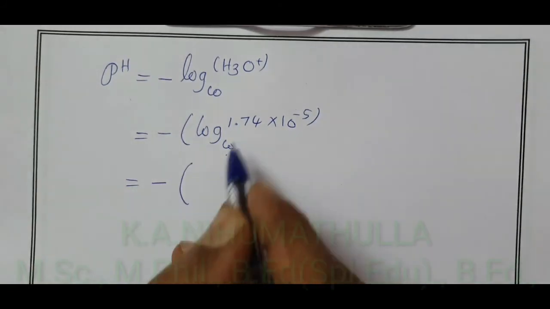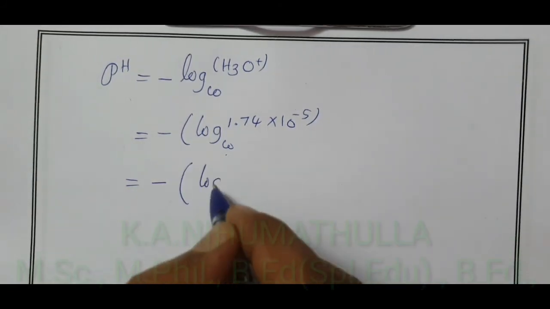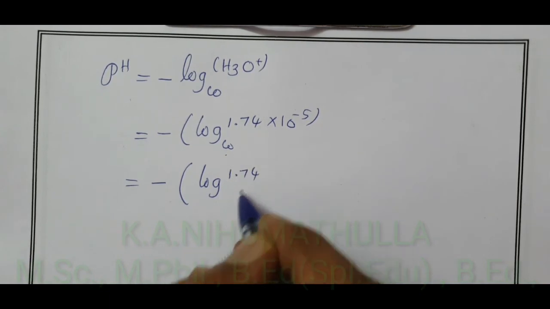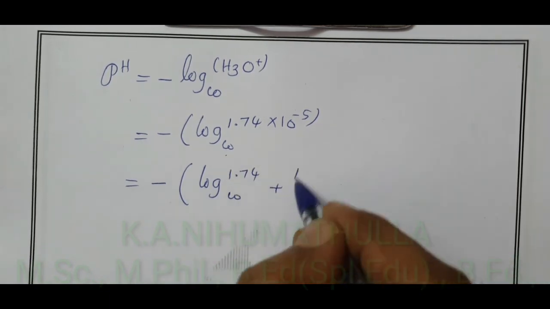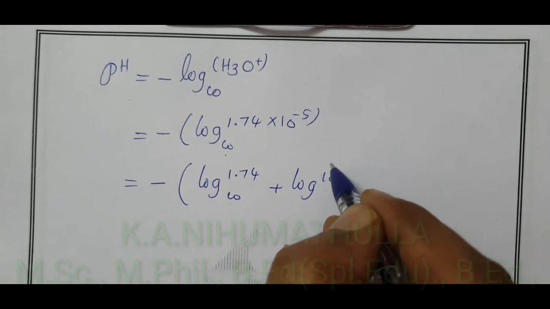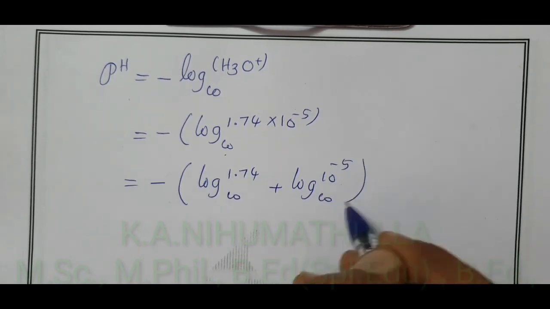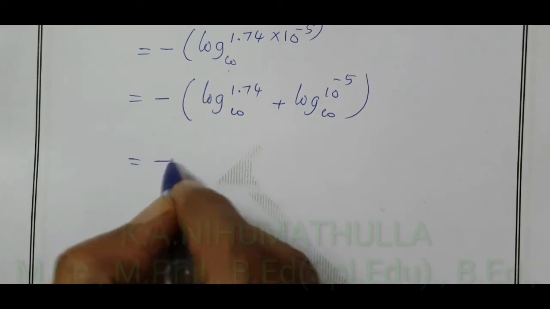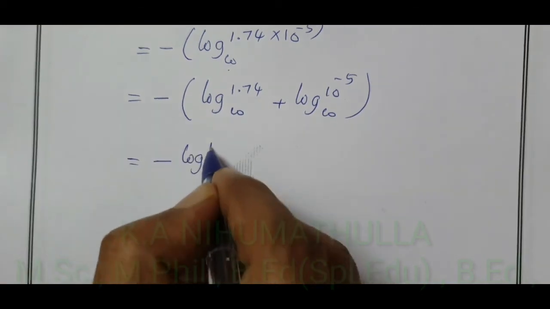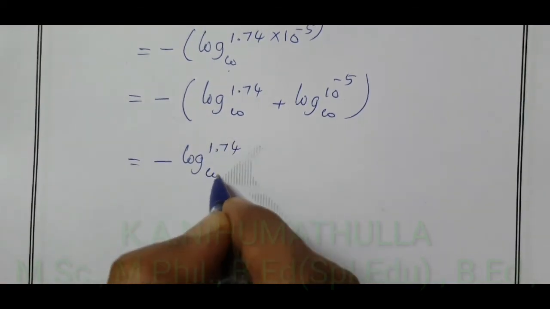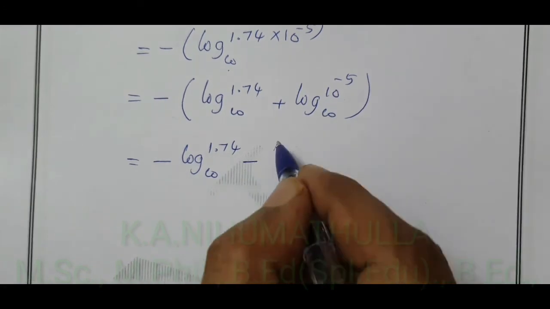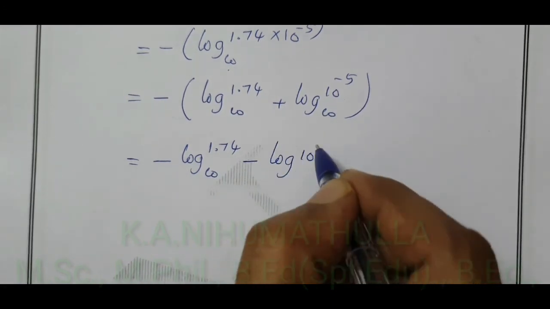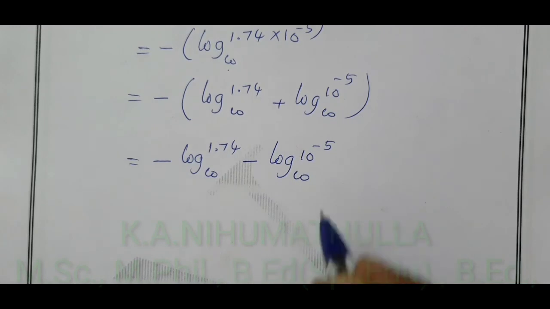Use the log AB formula: log AB equals log A plus log B. So that is minus log of 1.74 to the base 10, minus into plus becomes minus log of 10 power minus 5 to the base 10.